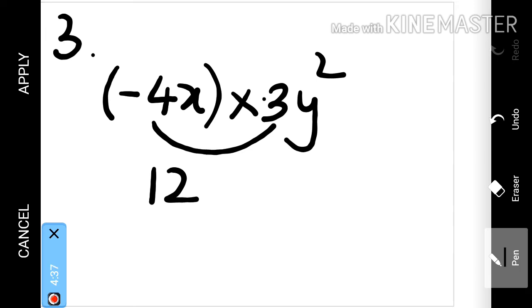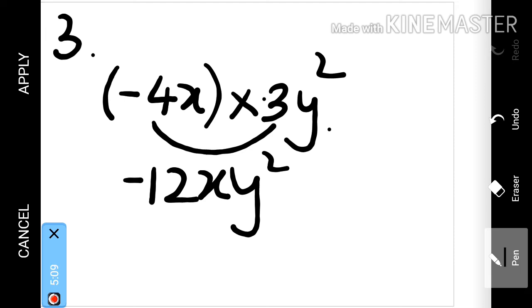There is no sign in front of 3, that means it is plus. That means 3 is a positive number. Minus into plus becomes minus. Then your two variables: you don't have x in the other term, so x as it is. y square will be as it is. Fine? Okay. Let's go ahead.